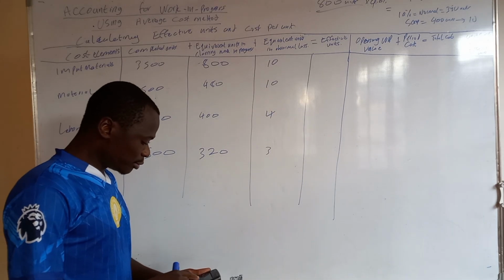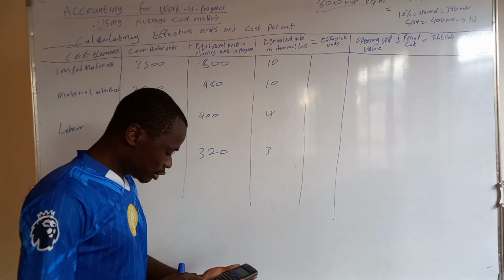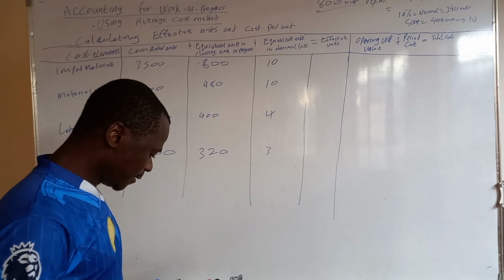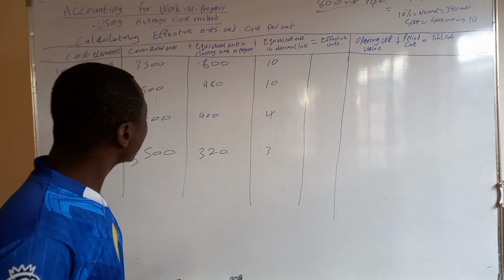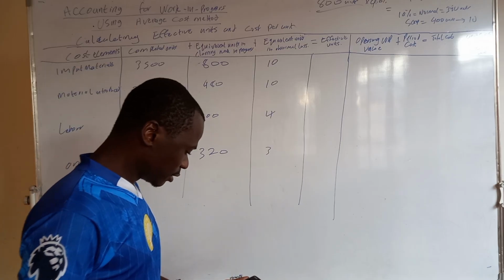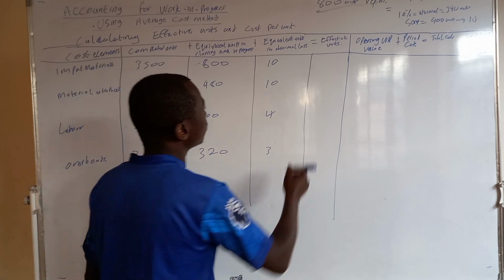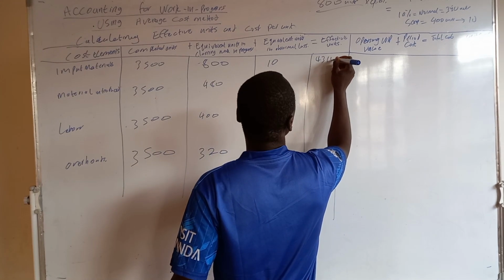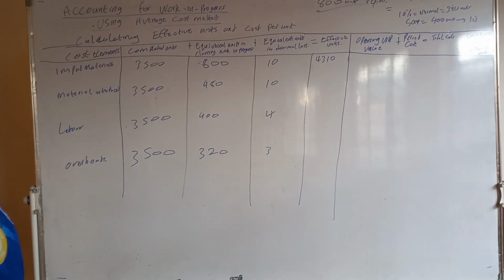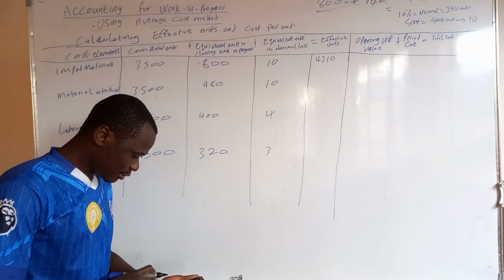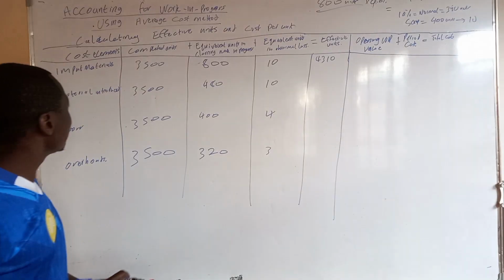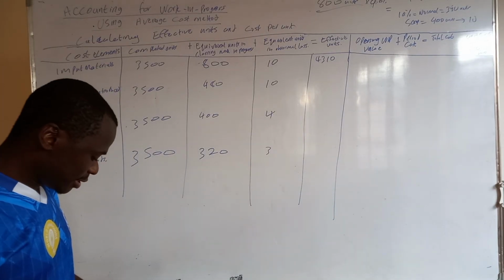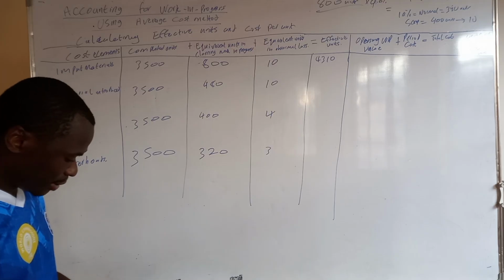In terms of input materials, 3,500 plus 480 plus 10.